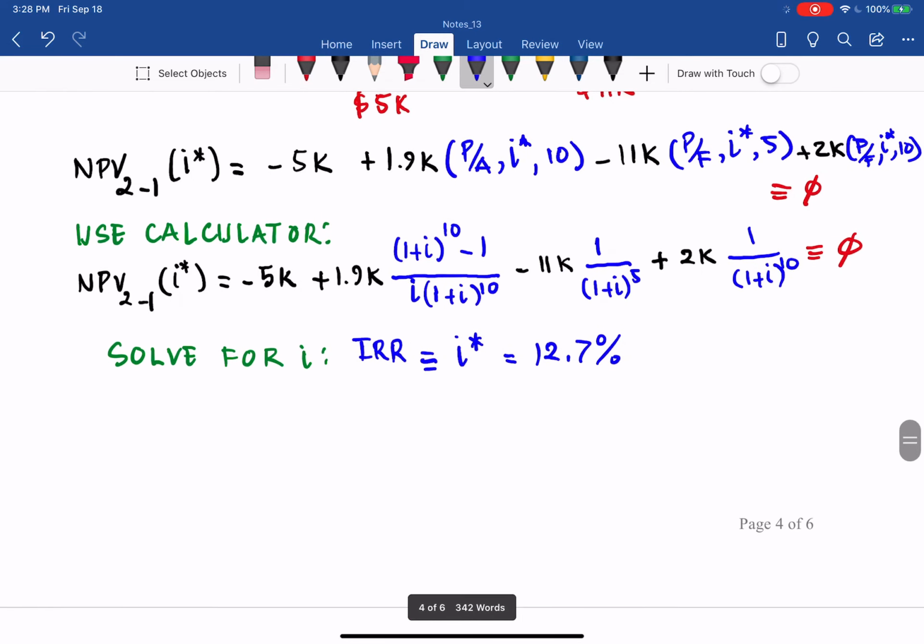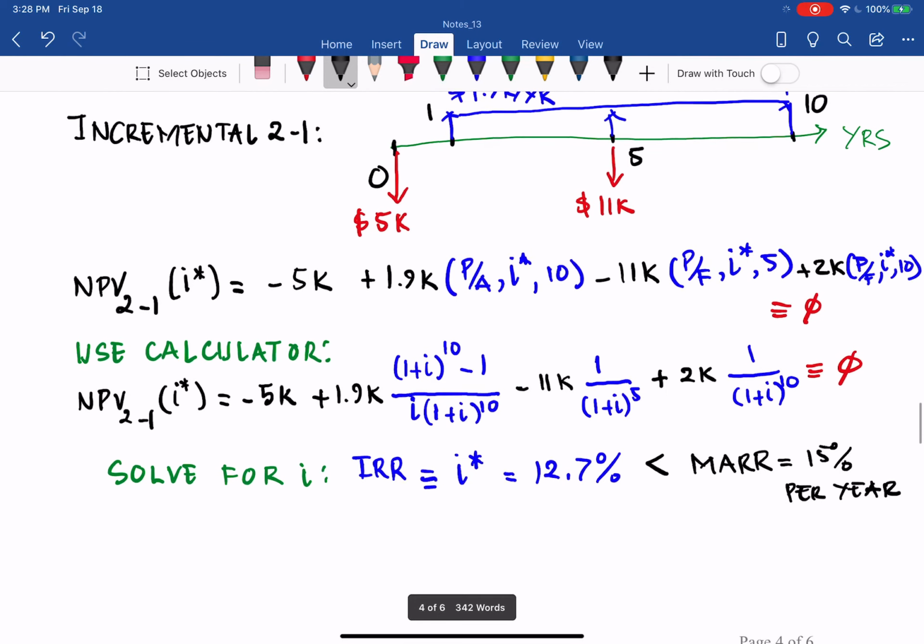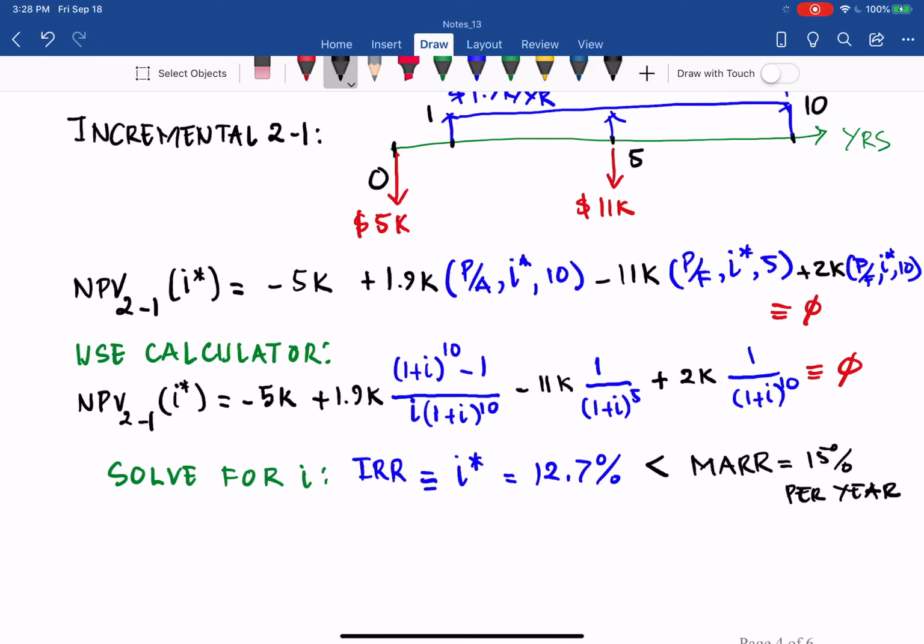So this one, as you can see, is less than MARR, the minimum attractive rate of return, 15% per year. So what does that mean? This incremental investment, jumping from 1 to 2, is not financially viable.